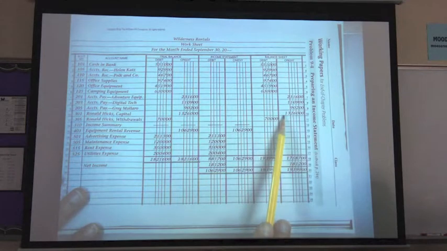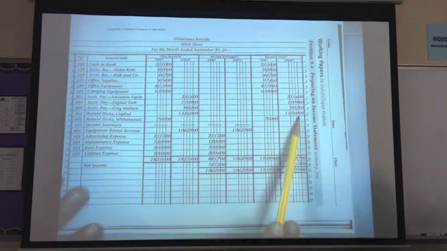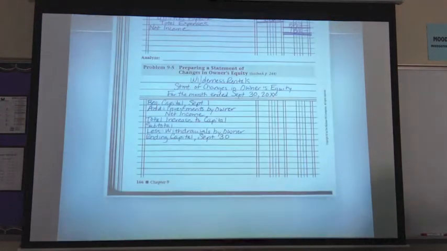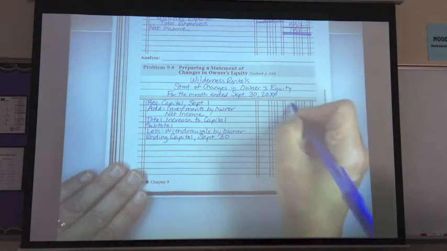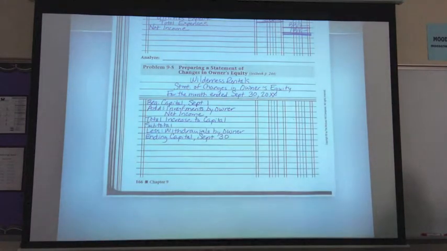So I'm going to take my $13,260 and I'm going to subtract $500 from that. That will give me, I hope I have the right amount here, let me just write it out. Bear with me.